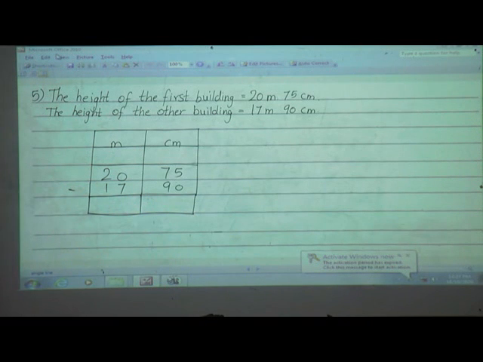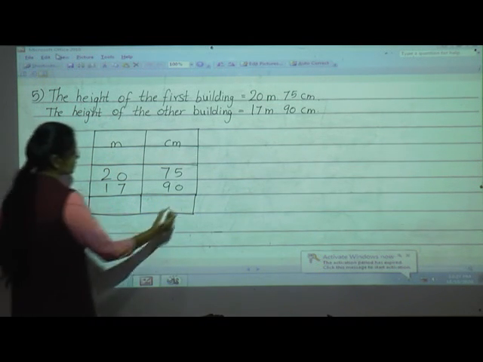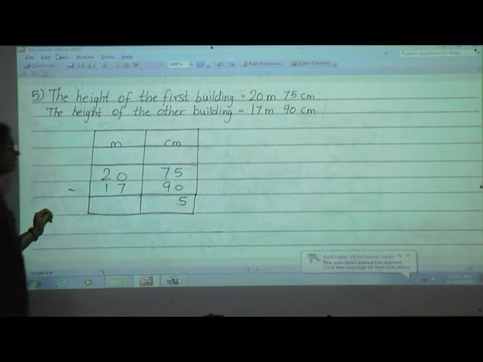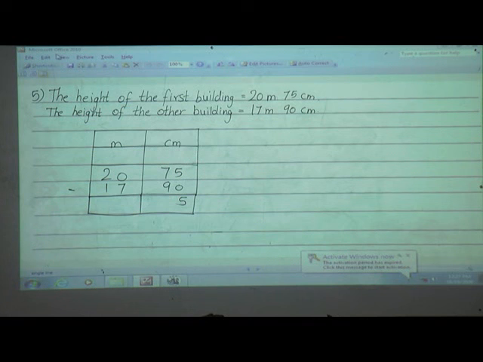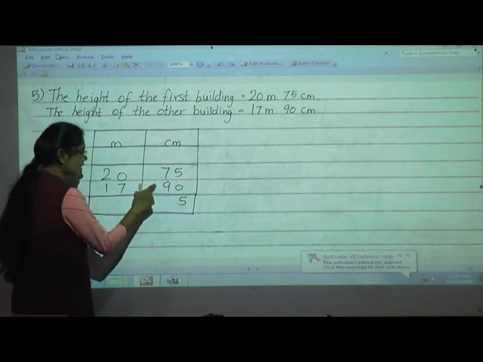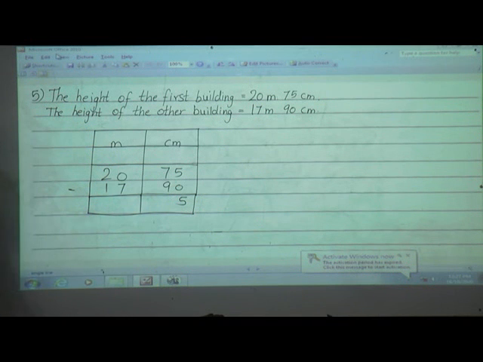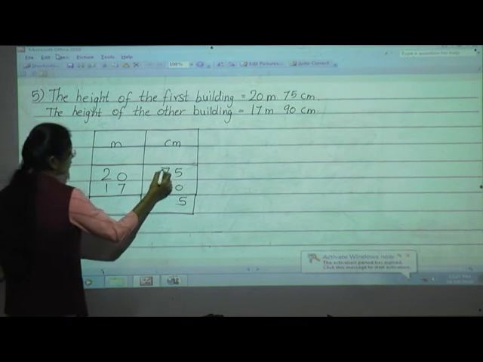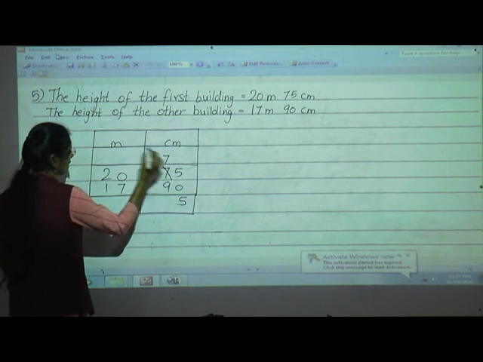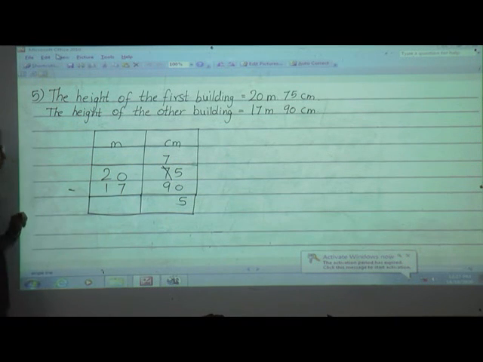5 minus 0, yes, 5. Then 7 minus 9. Can you do 7 minus 9? No, we can't do 7 minus 9. Why? Because 7 is smaller than 9. So what to do then? Just cut this 7, write it as it is, and then go to the neighbor.